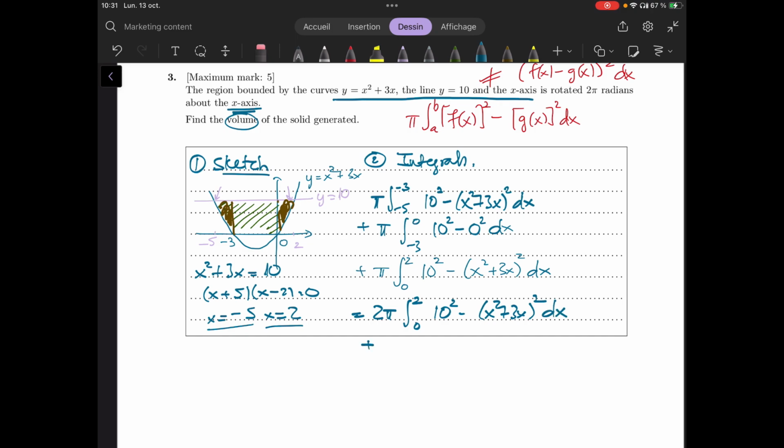The second integral, we can actually compute it in our head if we want to. So that would be 300 pi. And you can use your GDC to compute the first integral.